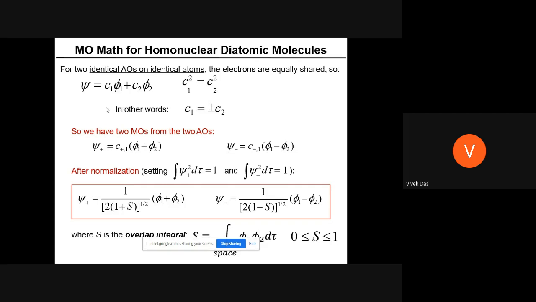We can find the coefficients C1 and C2 by normalizing psi plus and psi minus, where S is the overlap integral, and the value of S is always between 0 and 1. Either there is no overlap, or partial or little overlap, or full overlap.